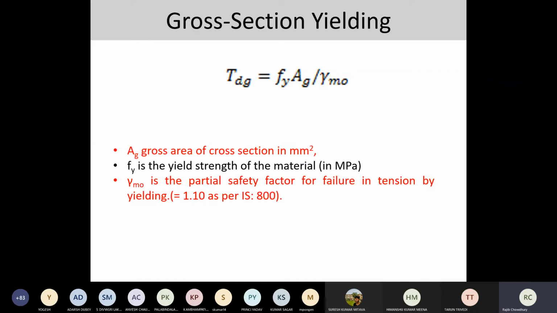Generally, it happens around 10 to 20% or 25%, and that is desirable. So that elongation will be there before the fracture. Okay, before the fracture. At such a large amount of deformation, the structure becomes unserviceable.